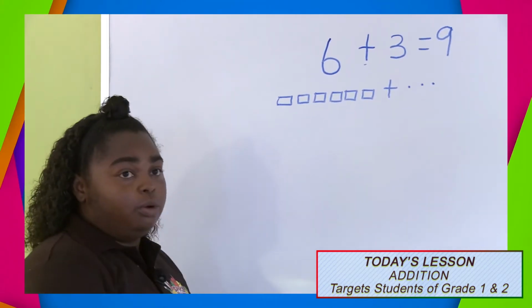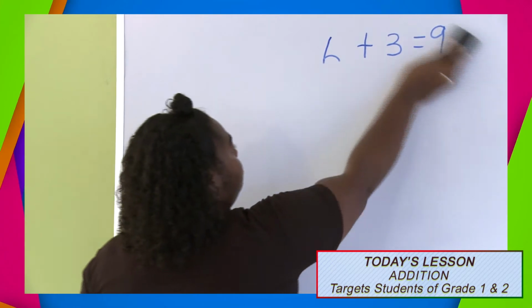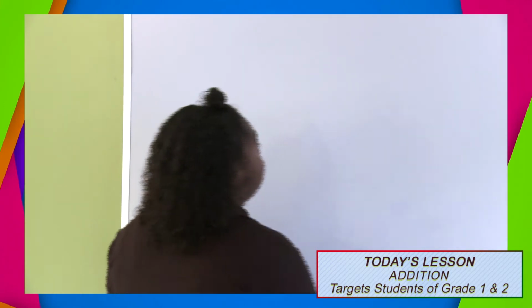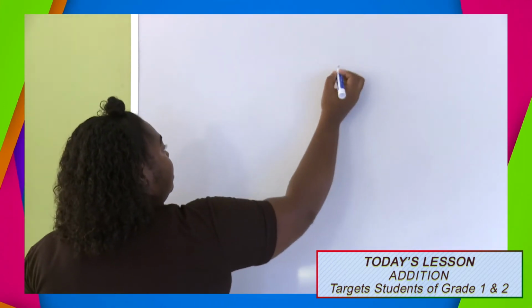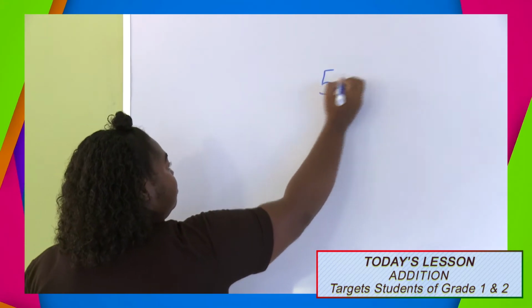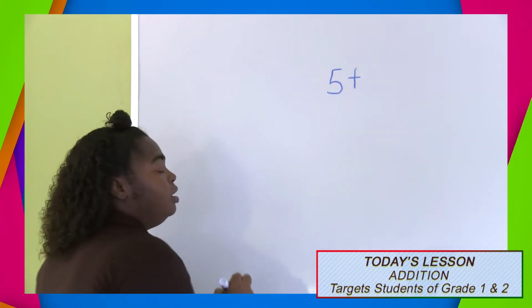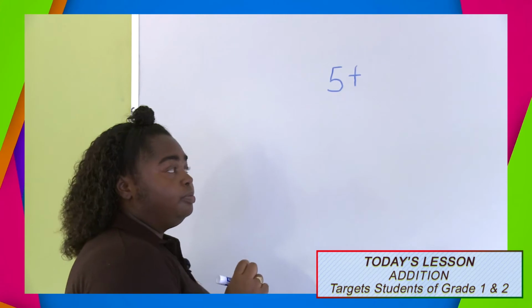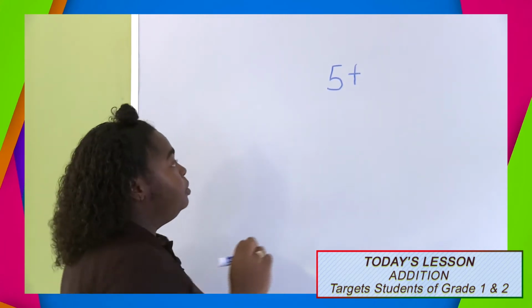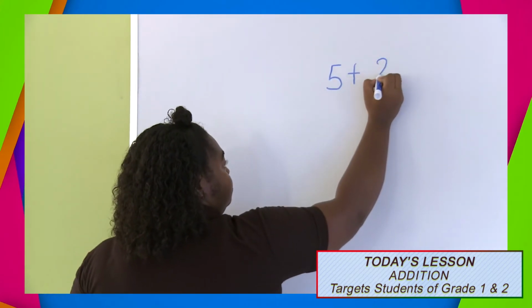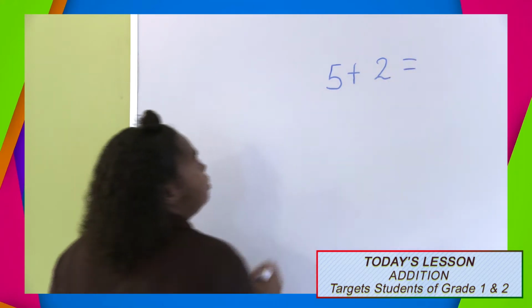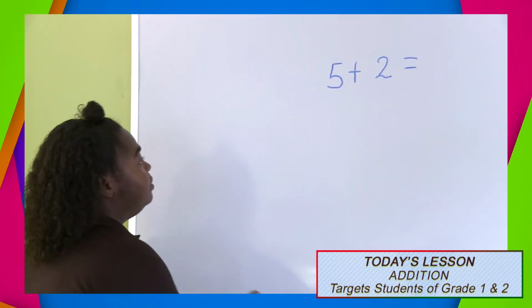Let's try one more example. I am going to say 5. And can somebody tell me another number? I'm hearing 2, so I'll put 2. Now we go again.